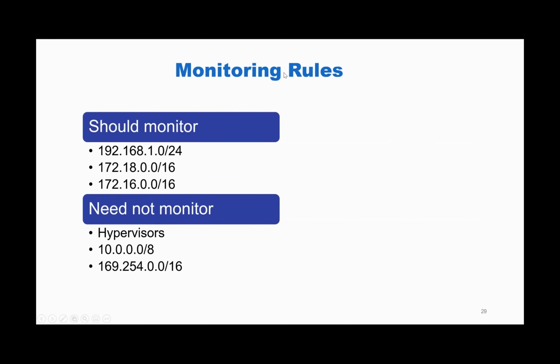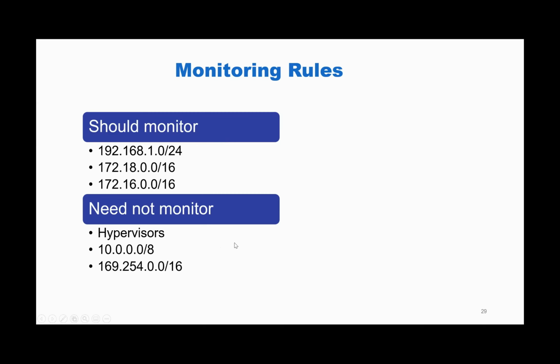And these are the monitoring rules. Francisco can cover what these subnets mean. Yeah, so the 192.168.1 is the SWaT and WADI network. 172.1 is the SCADA, and 172.16 is the PLC. The 172 network is specifically for EPIC. Yeah, so please do not monitor, or you do not need to monitor our hypervisors.